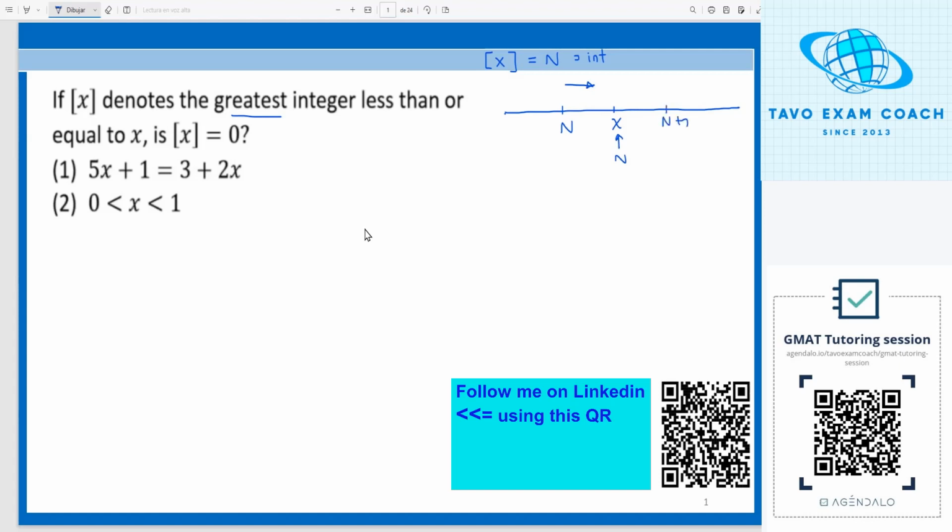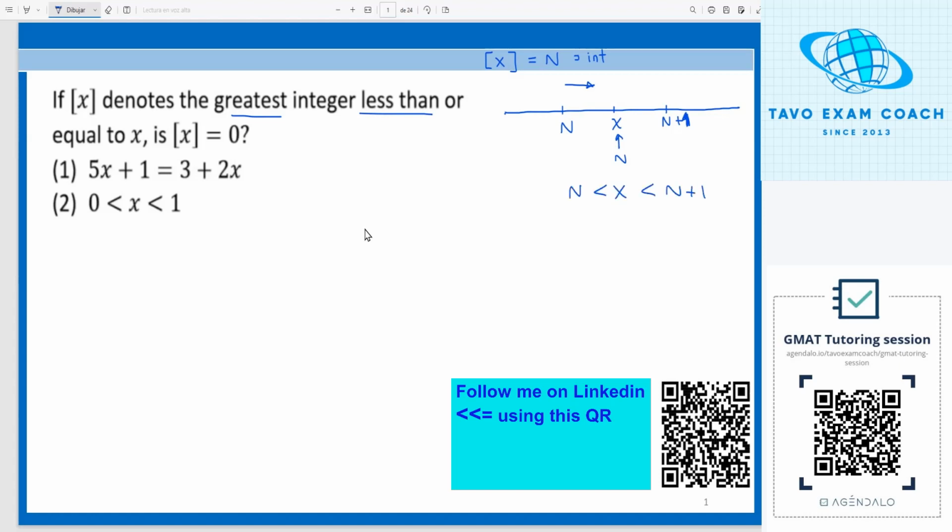It should be on the right side because there is no closer integer to x than N. N is the closest, coming from the left because it is supposed to be a number less than x. So what we see here is something that we can describe using an inequality. This would mean that x is a number between these two integers.